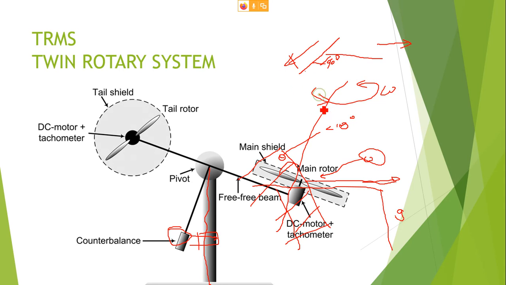The force or torque that is generated will tend to rotate the whole body. The torque generated is sufficient to rotate the tail, because the tail part is very small in terms of weight or mass. So it will also rotate in this direction.